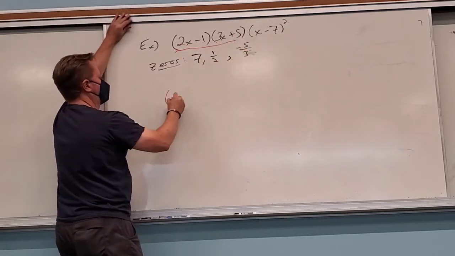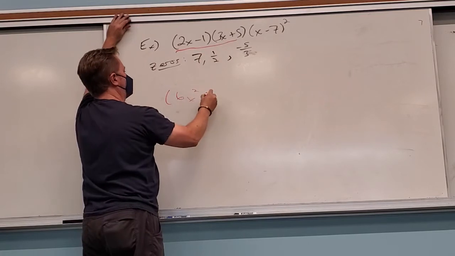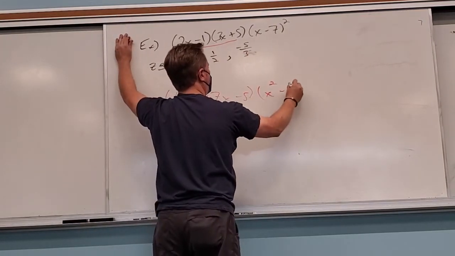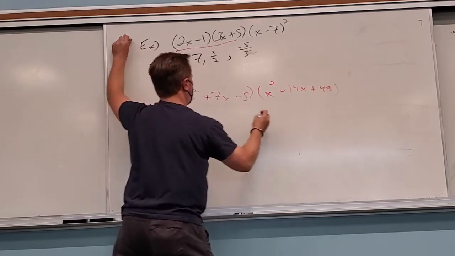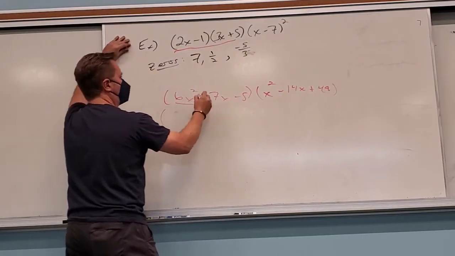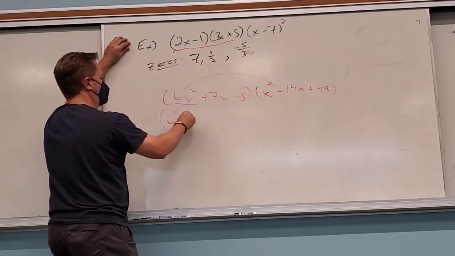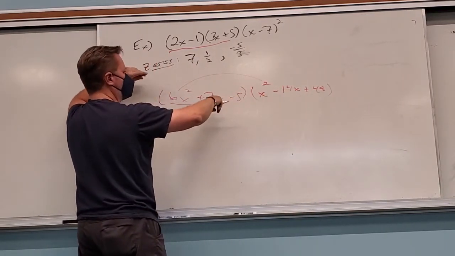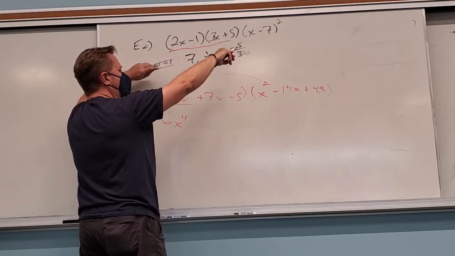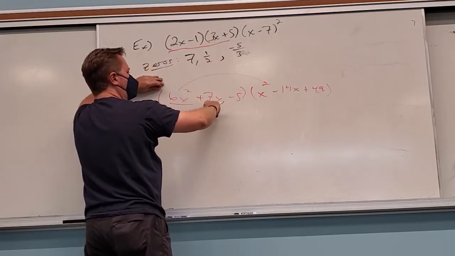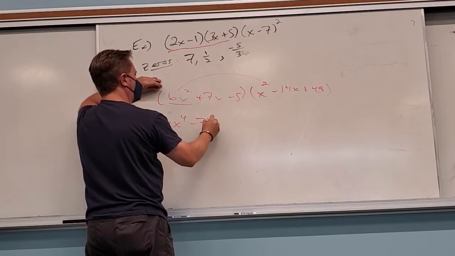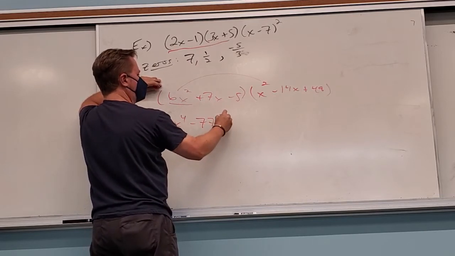You ready? All right. 6x squared minus 3 plus, so it's plus 7x minus 5, times x squared minus 14x plus 49. It's exciting, Jeff. Then you get 6x to the 4th. Minus 84 plus 7, so it's minus 77x cubed.